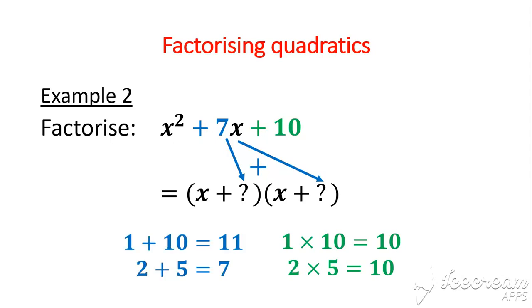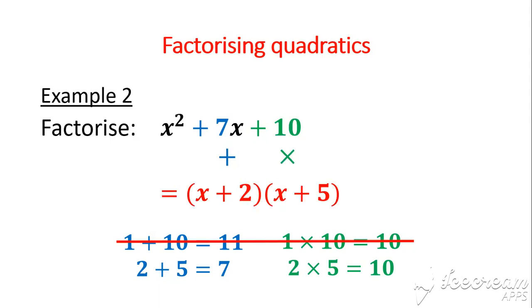But 1 plus 10 doesn't add to 7, 2 plus 5 does. So we can straight away ditch the 1 and 10, and we know the 2 numbers we're looking for are 2 and 5. So let's chuck them in here, x plus 2 and x plus 5. 2 times 5 gives us our 10, and 2 plus 5 gives us our 7.